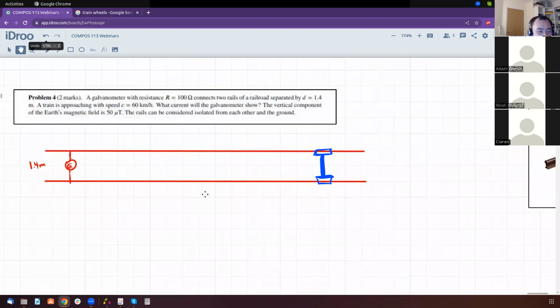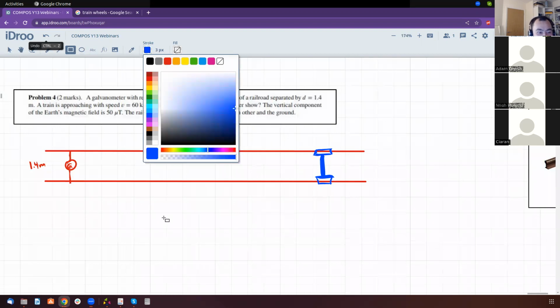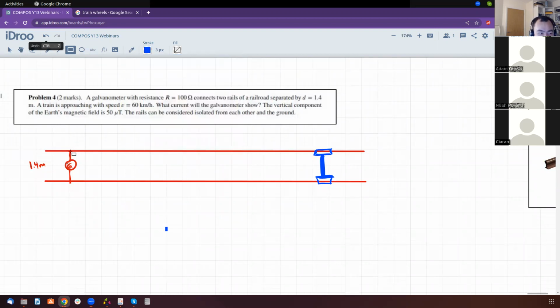Anyways, they're made of metal, so you can imagine that current can flow through. So you have a circuit here. You have two rails, the galvanometer and the train, and that's a closed circuit. So current can flow. The train is approaching at 60 kilometers an hour.